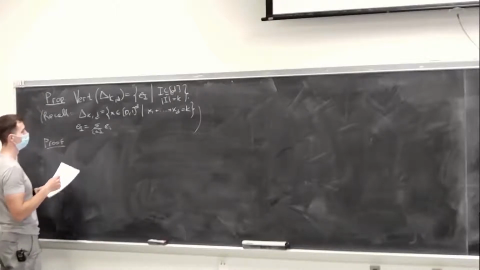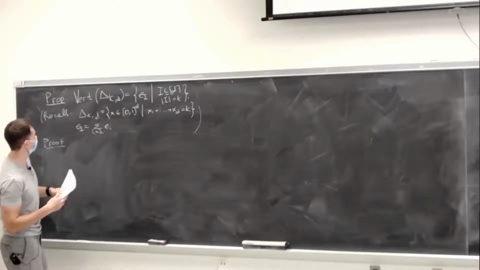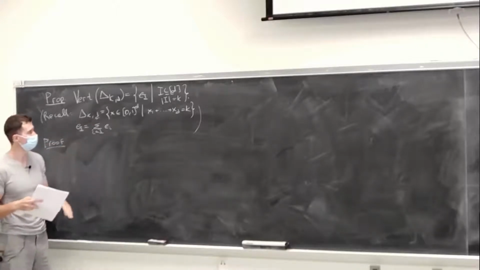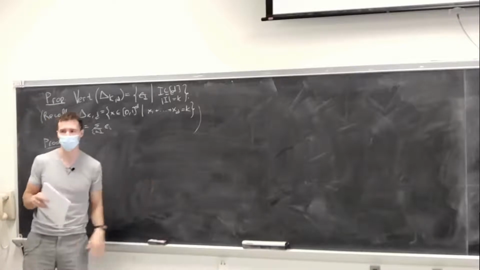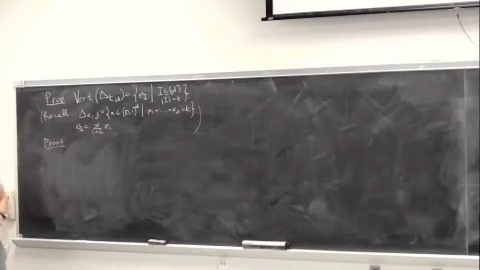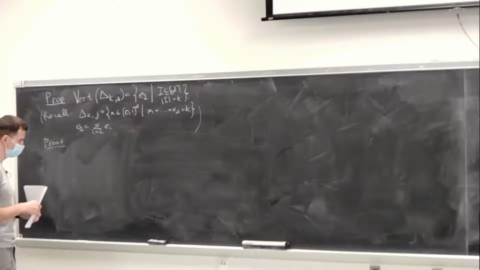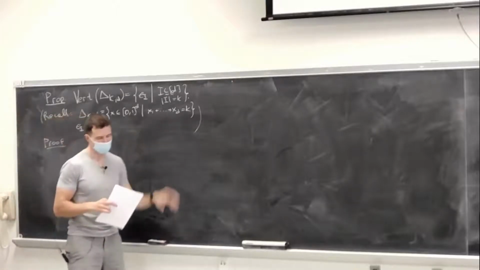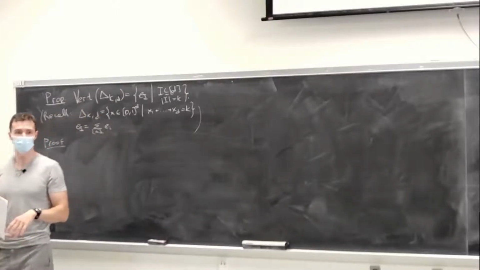So I want to find the set of vertices. Notice that my hypersimplex is given as an H-polytope. It's given by inequalities rather than as a convex hull of a bunch of points. So in terms of inequalities, how do I characterize the vertices?